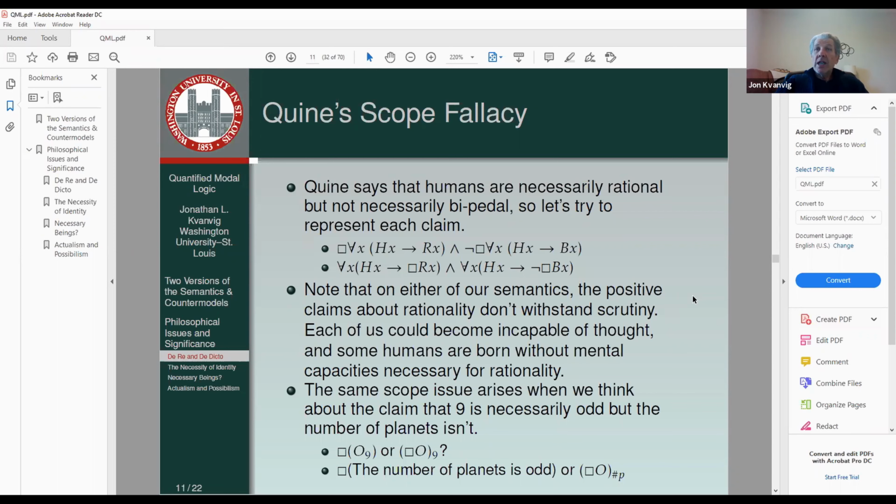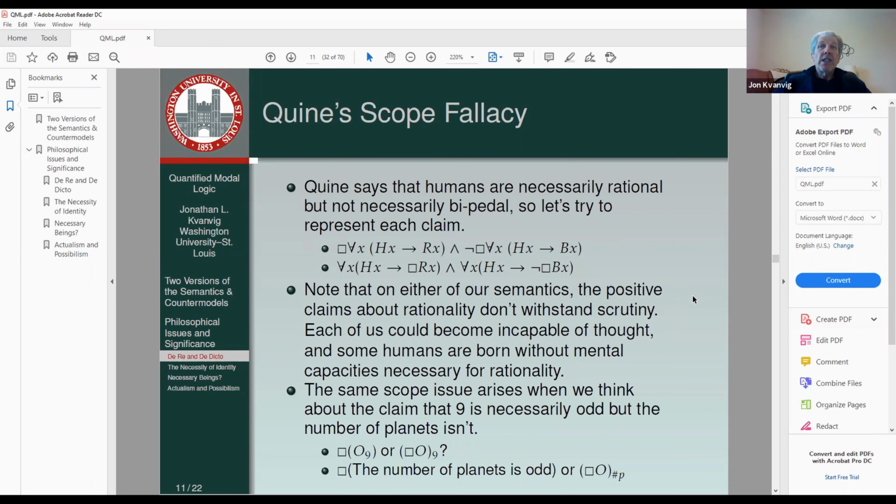So it looks like you will want to say about that, it's a necessary truth that if you're a human, then you're rational. Or at least it would be if Aristotle was right about the defining characteristics of humans. You might also say, well, if you're a human, then you have a certain property essentially.